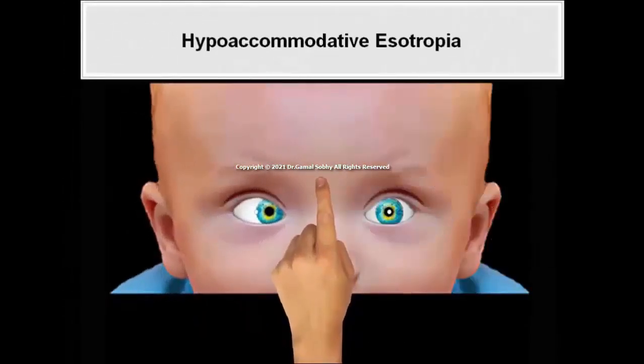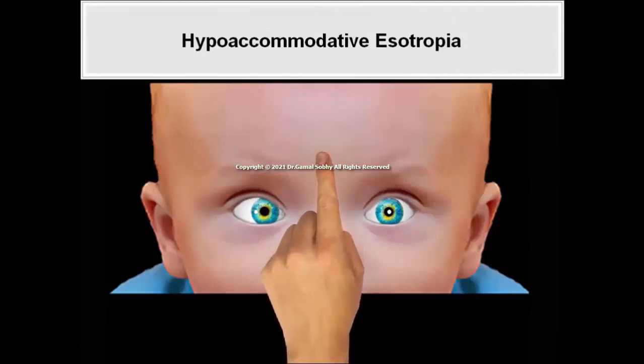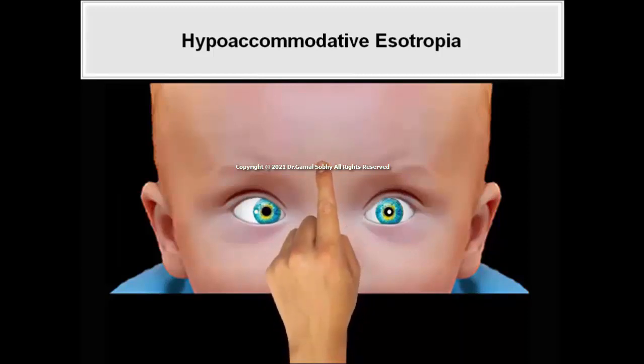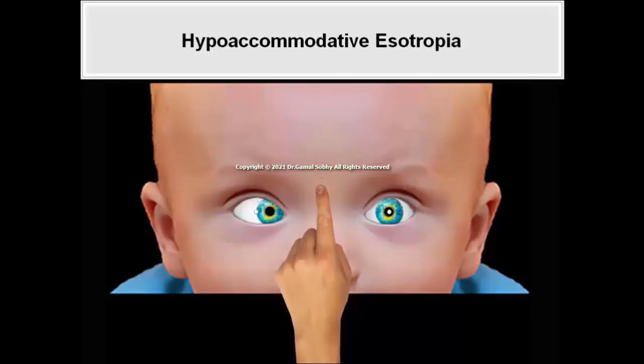Hypoaccommodative esotropia is defined as an esotropia greater at near than at distance fixation, unrelated to an uncorrected hypermetropic refractive error and caused by excessive convergence from an increased accommodative effort to overcome a primary or secondary weakness of accommodation.